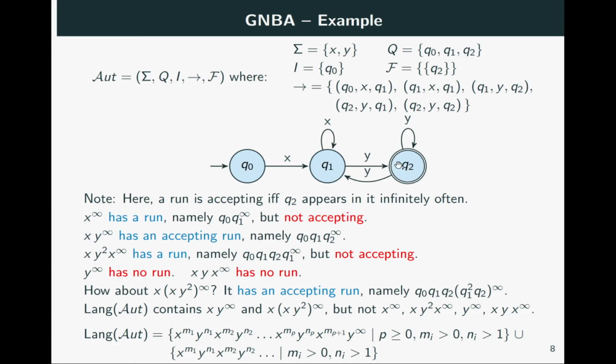So it keeps alternating blocks of x with blocks of y, and at some point it settles for y infinitely. This is expressed mathematically here. A number of alternations followed by y infinitely.